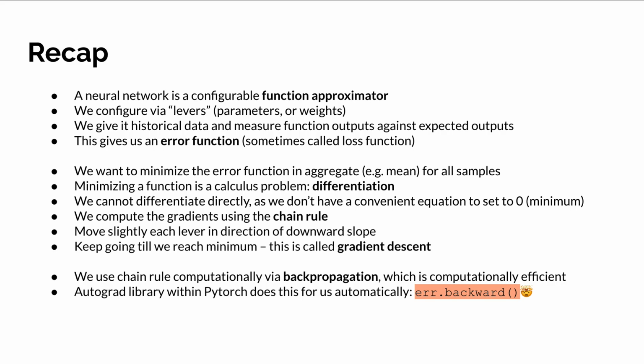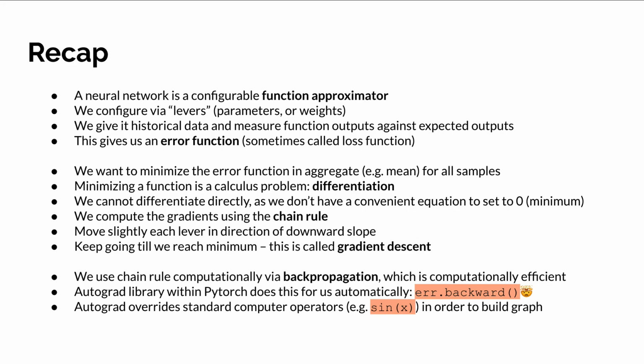And Autograd is a library within Pytorch that does this all for us automatically. We just eventually call the dot backward method on our output function, our error function, and it just works. It gives us the numerical gradients of all of the parameters. And it does this by overriding standard computer operators.